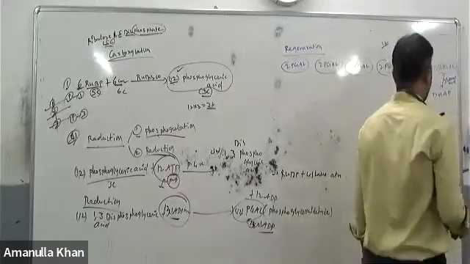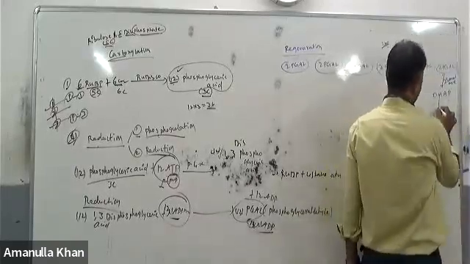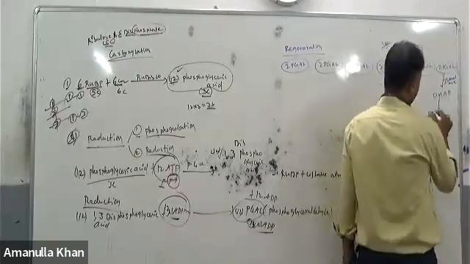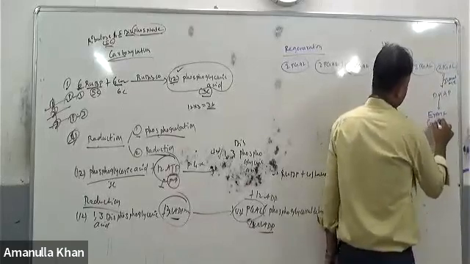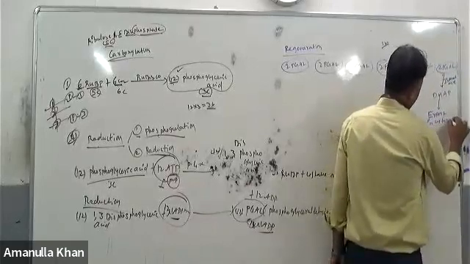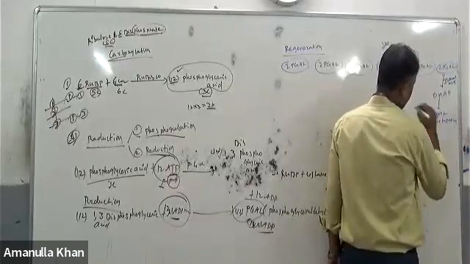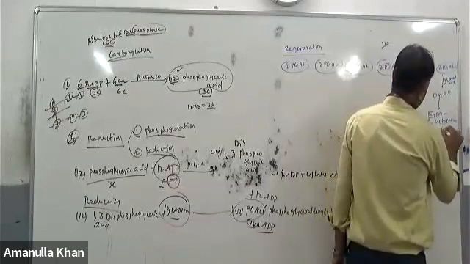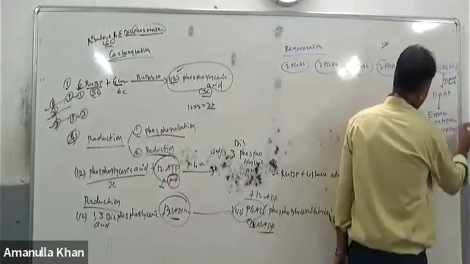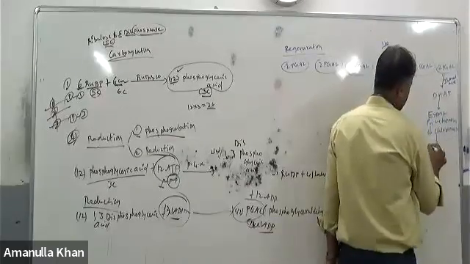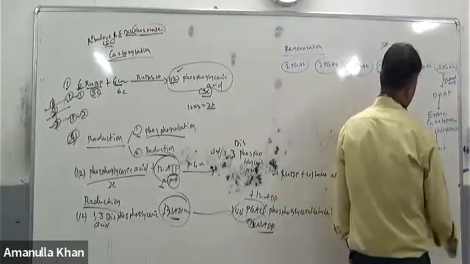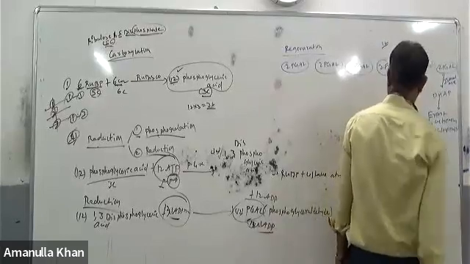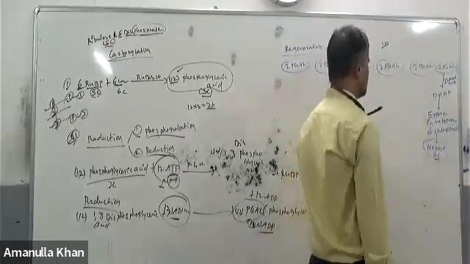This dihydroxyacetone phosphate is exported into the cytoplasm of the chloroplast and synthesizes the hexose, nothing but glucose. Hexose is a 6 carbon compound. It's called what? Glucose.